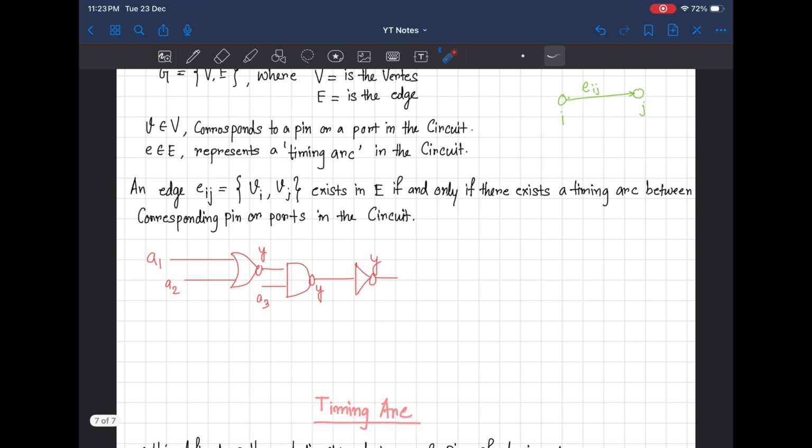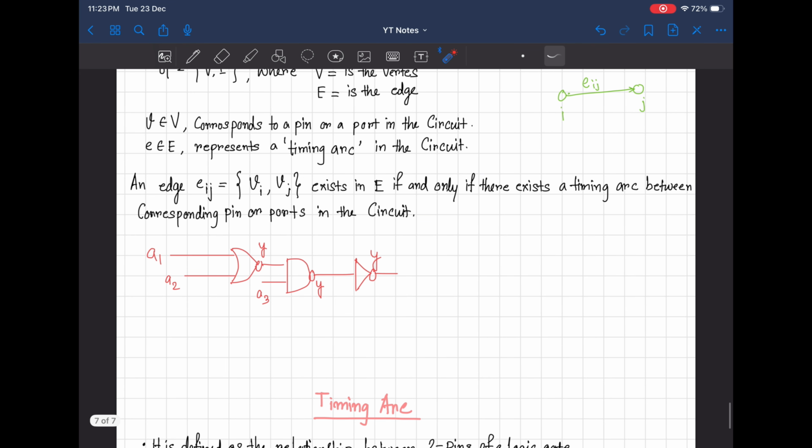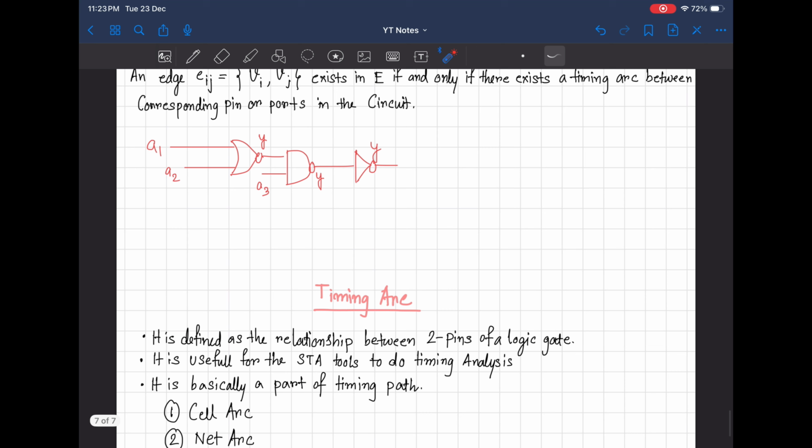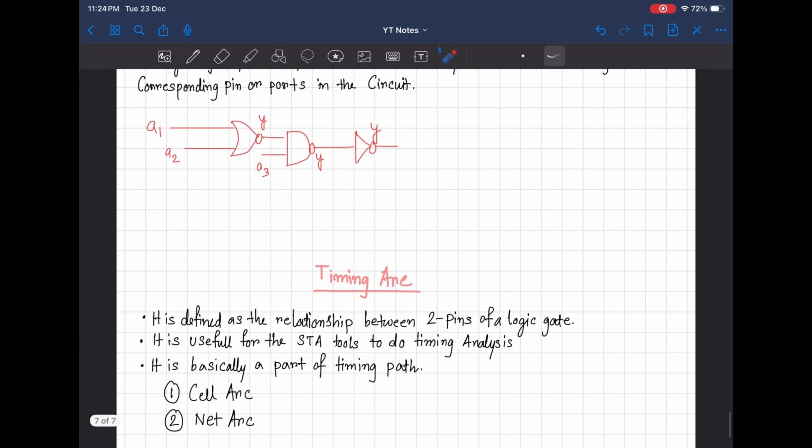Suppose you have taken this small logic portion. I'll try to represent this small portion of logic in the timing graph. I need to understand the timing arc. The timing arc is defined as the relationship between two pins of a logic gate.